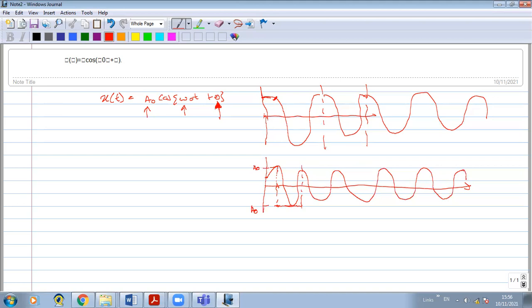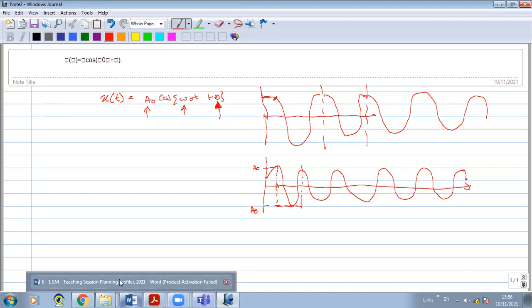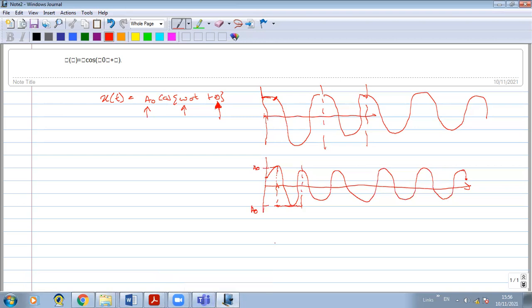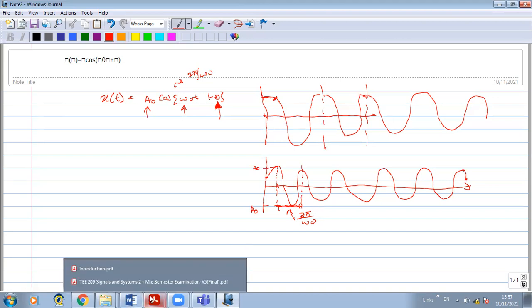I think this sketch is enough. We don't have much information to draw the complete signal, but this information is enough. The period will be 2 pi by omega naught. You already know that this is a sinusoidal wave and the fundamental period is 2 pi by omega naught. So this is the period. If you mark that information in your drawing, you will get full marks.